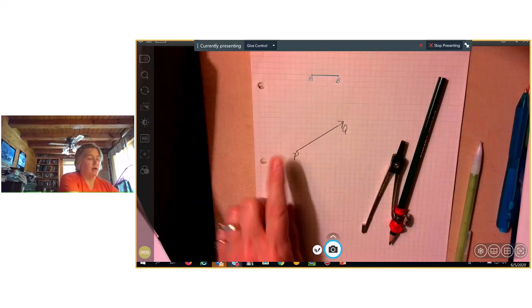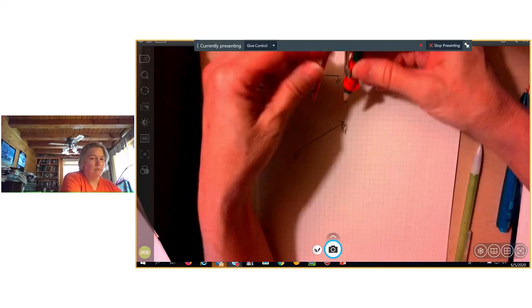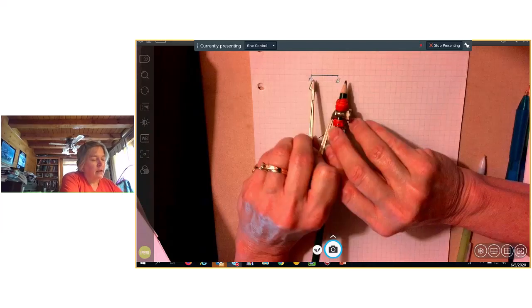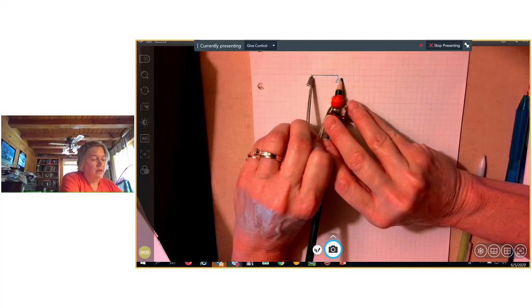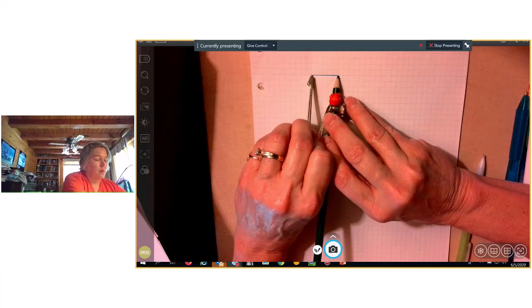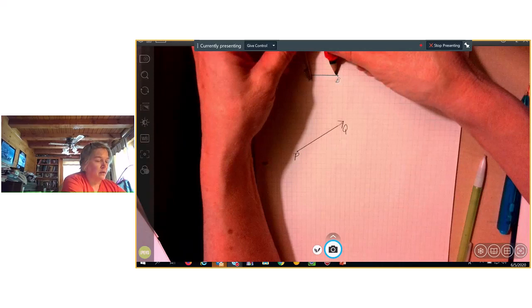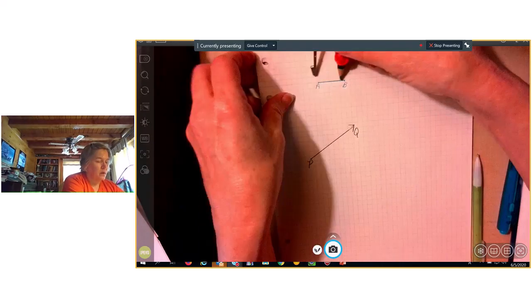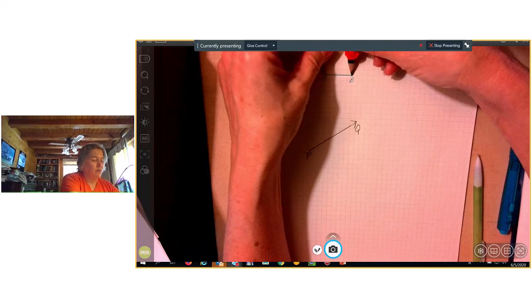The way that we do that, and I'm going to try to keep my fingers out of the way, is you put one end of your compass on one point and the other on the other point. Don't move it.